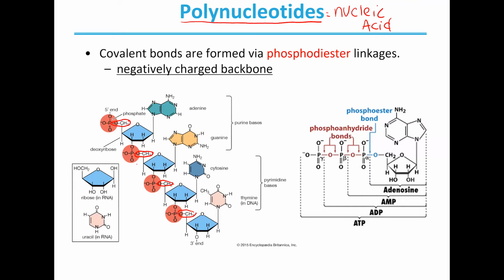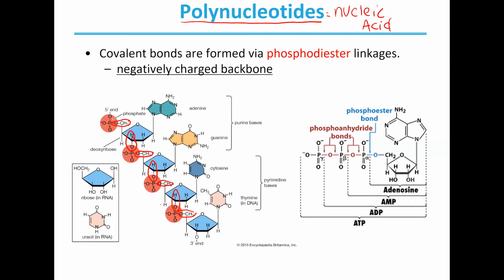But when we link up a nucleotide with a second nucleotide, we're going to use an oxygen on our phosphate to then bond on the 3' end of a second nucleotide. So you can see this bond here is binding to the 3' end of our second nucleotide.